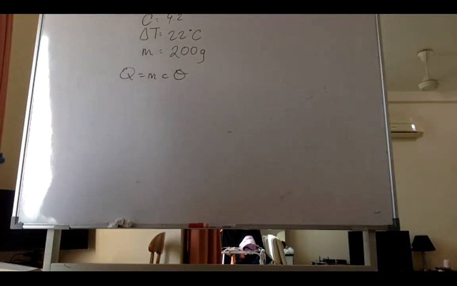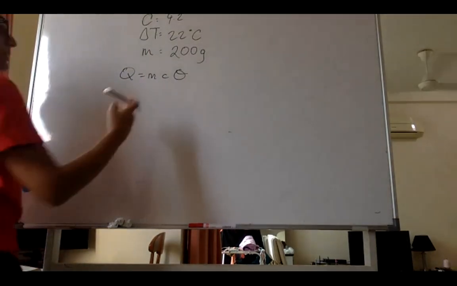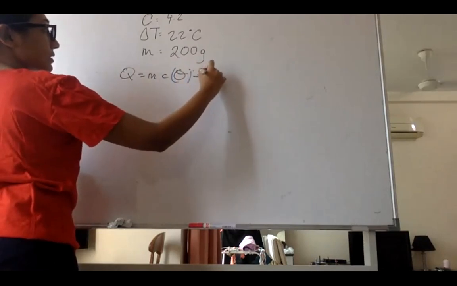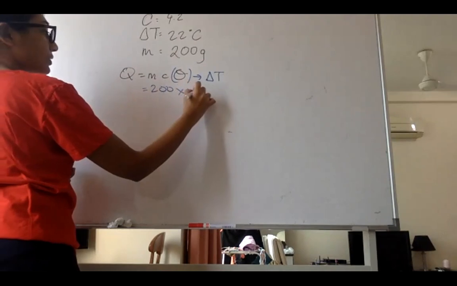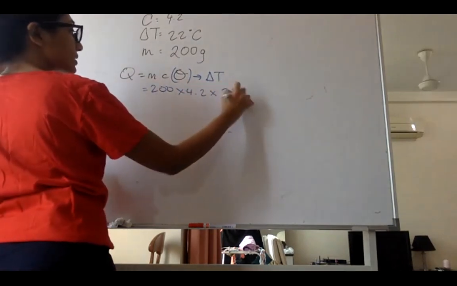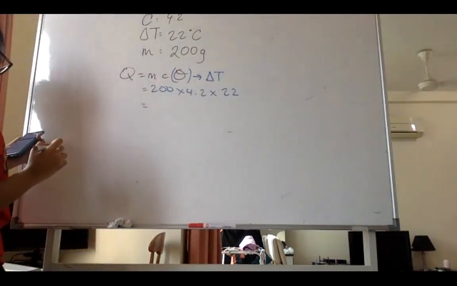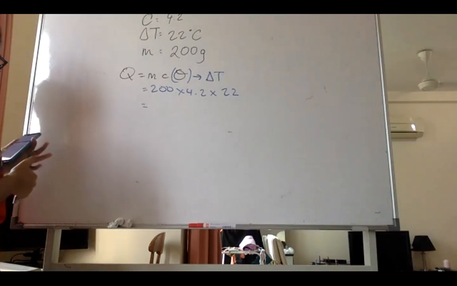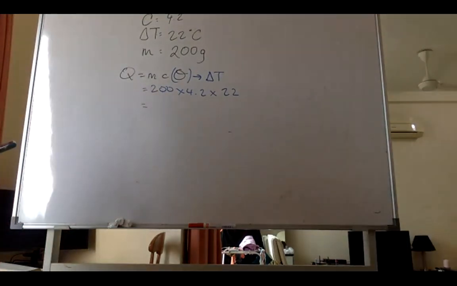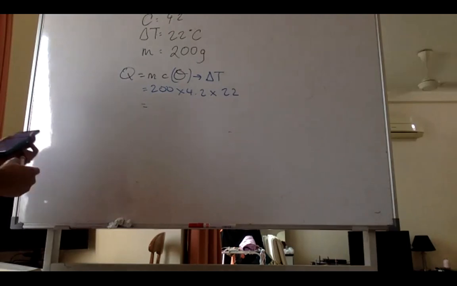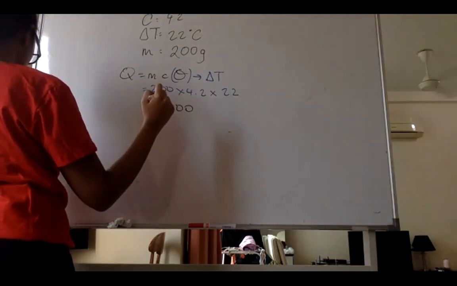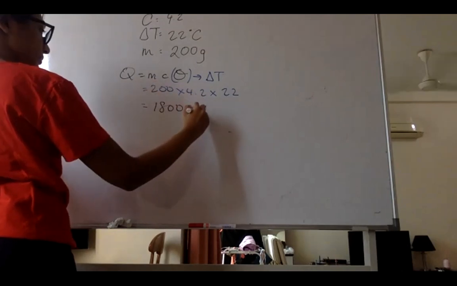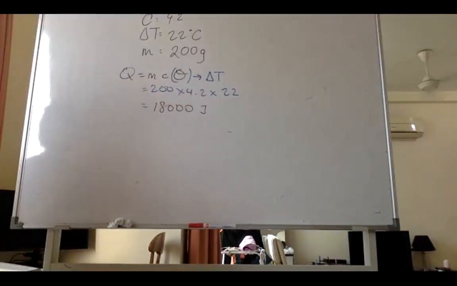Theta is change in temperature. So 200 times 4.2 times 22, what do I get? 18000 joules. What's my unit? Joules.